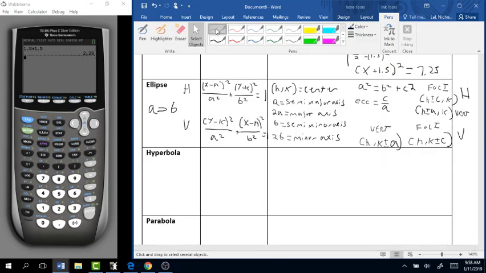For a hyperbola, in the horizontal form, the x term is always going to be positive. So now a² is not necessarily bigger than b², but it's going to be (x − h)²/a², this time minus (y − k)²/b² = 1.